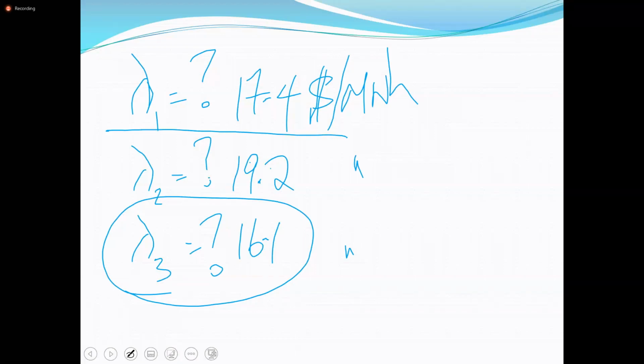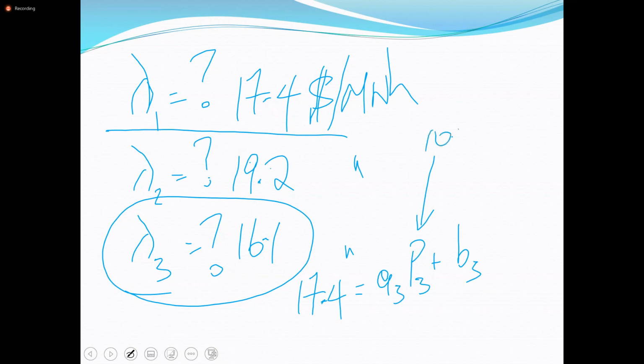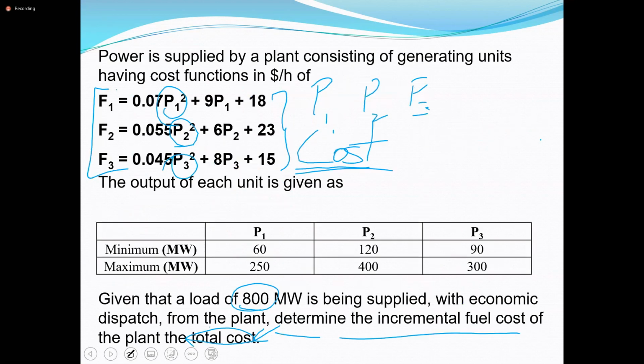So you're going to say 17.4 is equal to A3 P3 plus B3. Rearrange. What is P3? 104.4 megawatts.